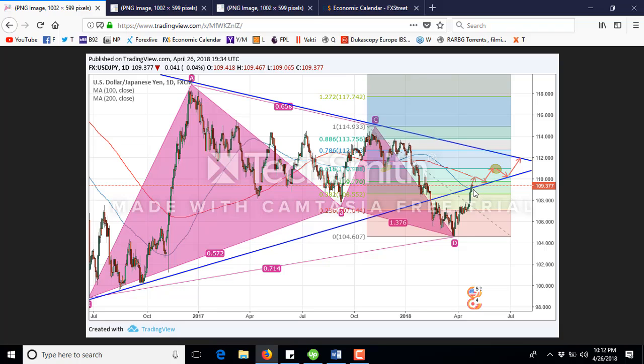So if you're looking to buy it, then I advise buying against this trend line. If you look to sell, then sell it against the 200 daily moving average.